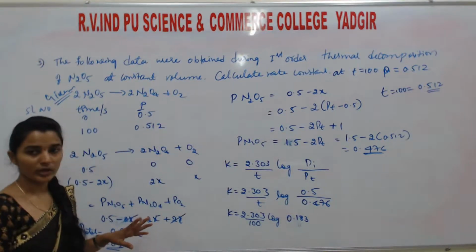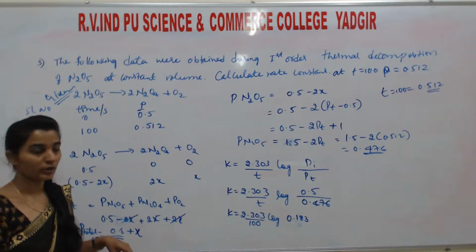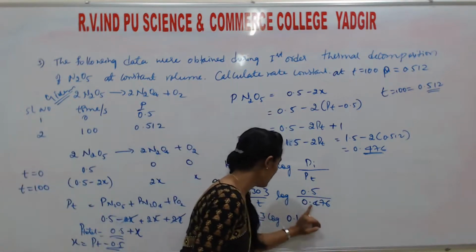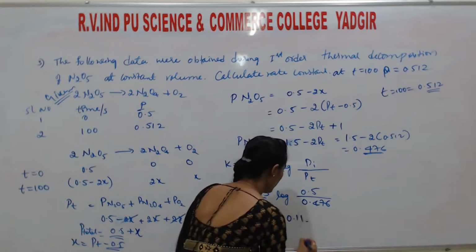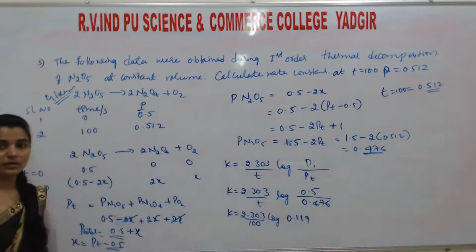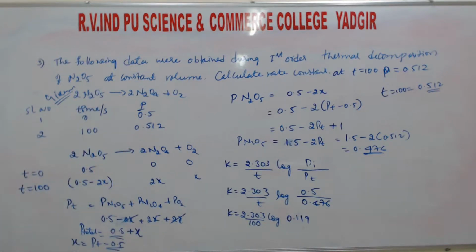Zero point 1.. 19 approximately. 0.119 approximately you can take.